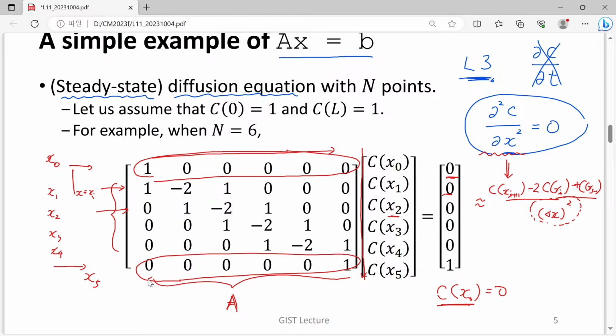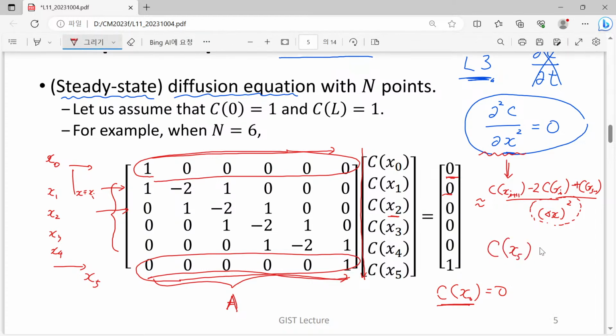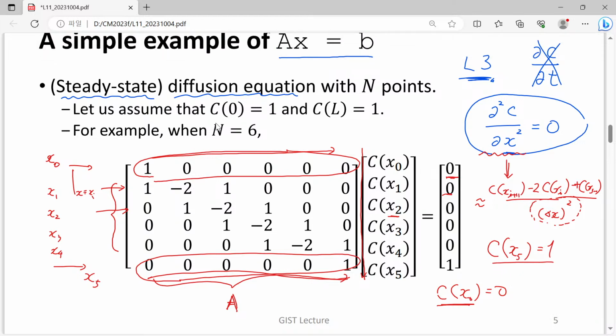And if we evaluate it in this way, then we find that C at x5 is equal to 1. Oh, I made a mistake here. So simply we apply the left boundary, C0 equal to 0, and C at the right boundary equal to 1. We have applied this one.